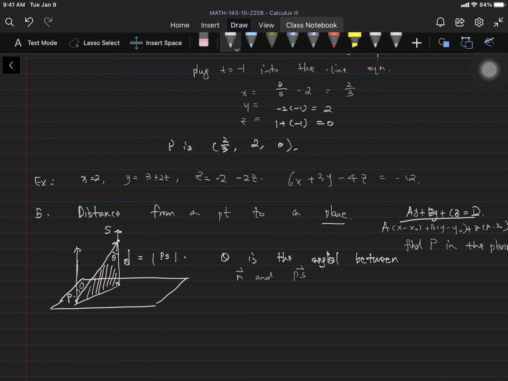And we can see the distance equals the PS vector length times cosine theta. Who has cosine?